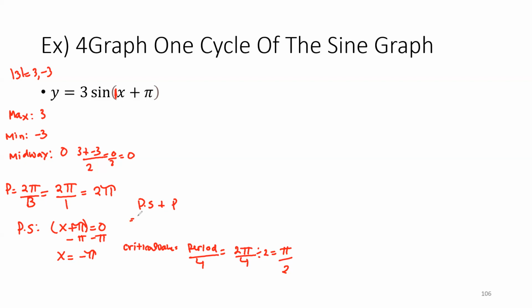So our phase shift is negative pi, and then our period is 2 pi, right? Negative pi, and the period is 2 pi. That gives you 2 pi minus 1 pi, which is pi. Okay, I think we have enough to graph it.